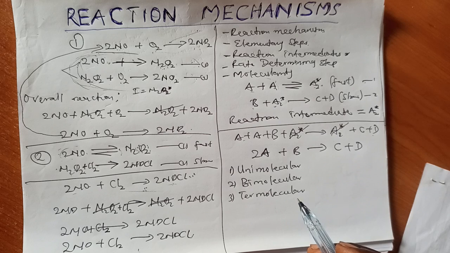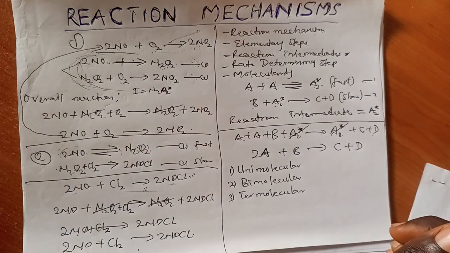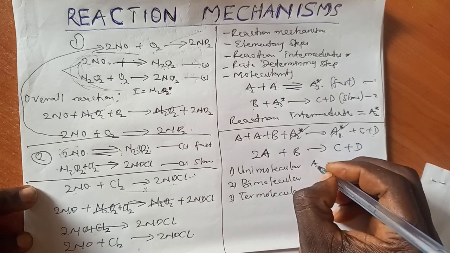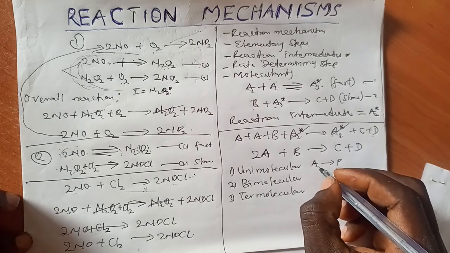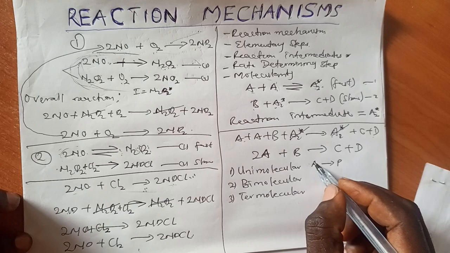A unimolecular step is an elementary step in which just one reacting molecule participates. For example, when you have A to produce P, and you are asked what is the molecularity of this reaction, it is unimolecular, because only one reactant molecule is participating.